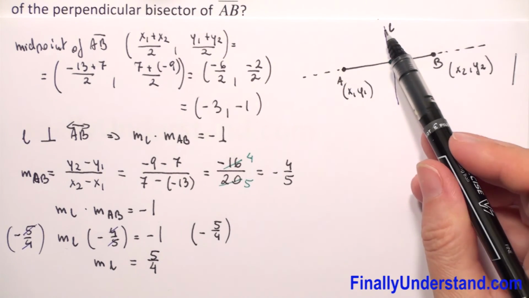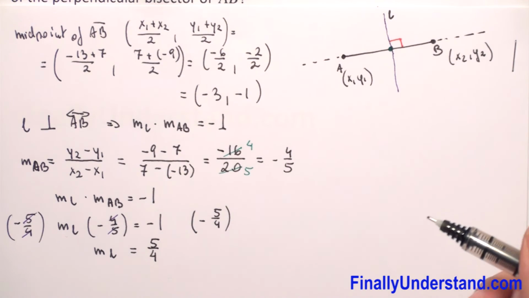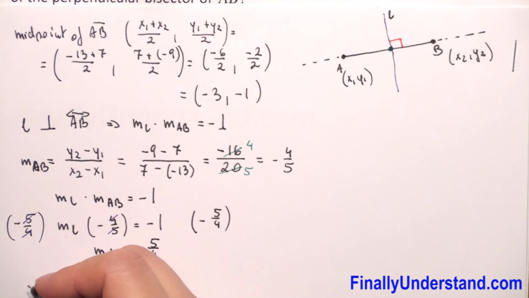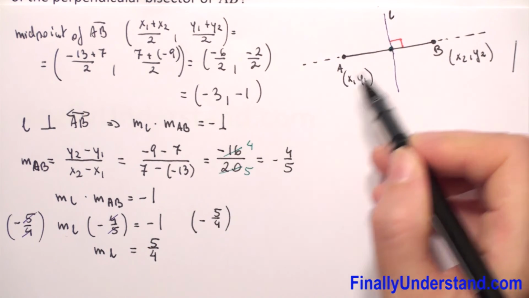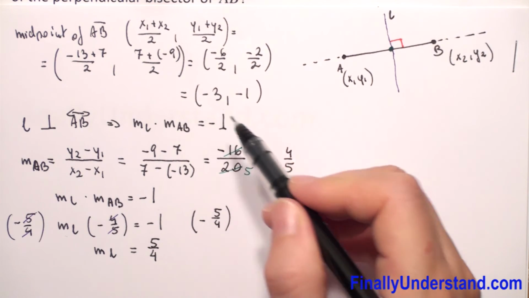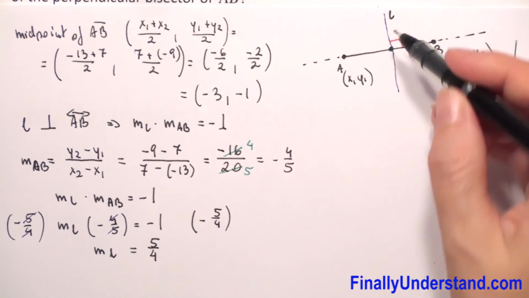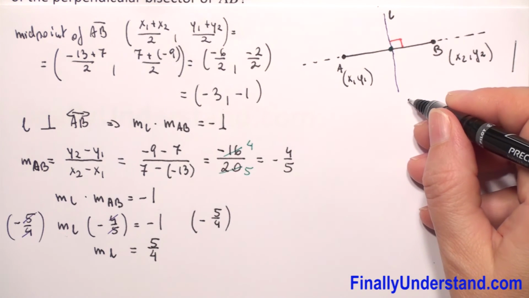So now when we have the slope of this line, we will use the equation of a line, and we have this point, the midpoint we calculated. This is the midpoint of AB. So we have one point through which our line passes, and we have the slope of this line.